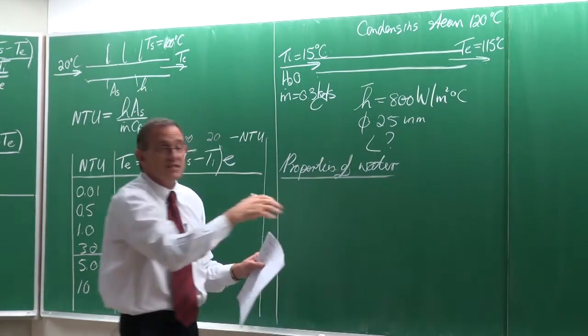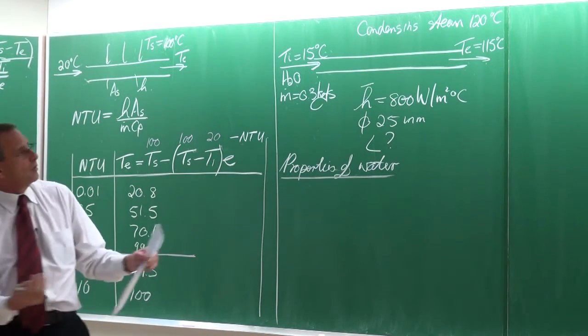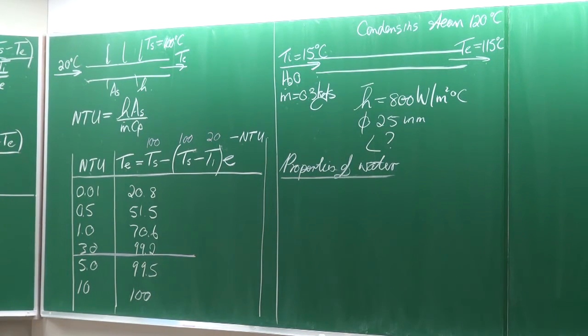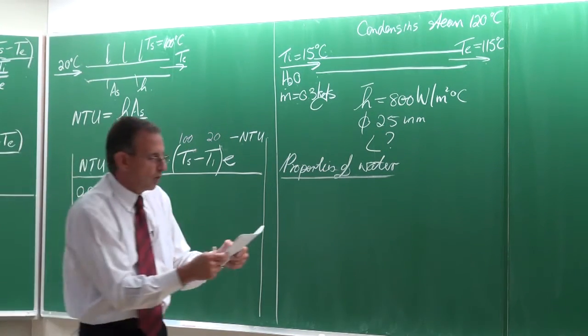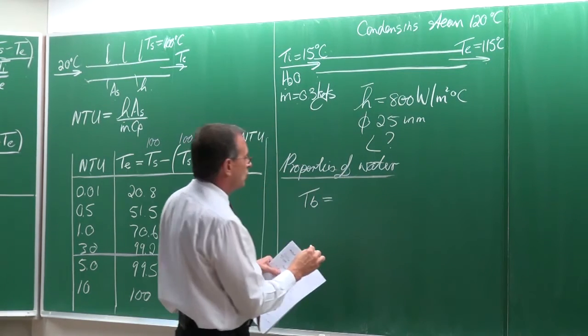Now the water temperature here is 15, and it's going to increase to 115. The mass flow rate is given, but the Cp values and all the other values are not given. So the question that many of you always have is, if I get the properties, at what temperature should I get them? And the answer is normally the bulk temperature. In this case, we can calculate the bulk temperature.